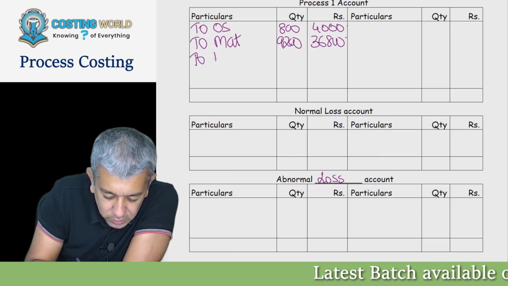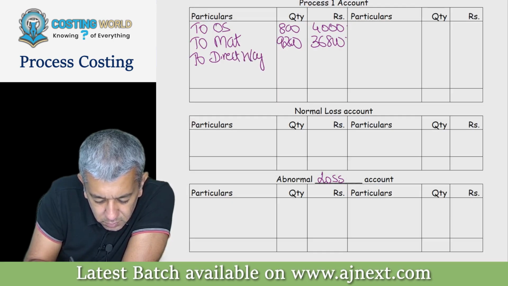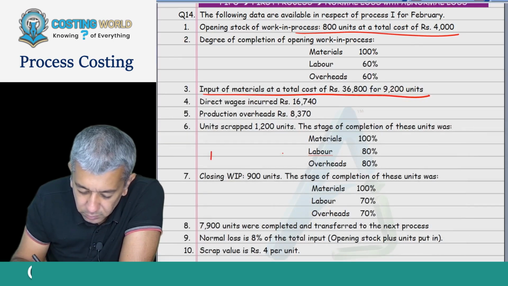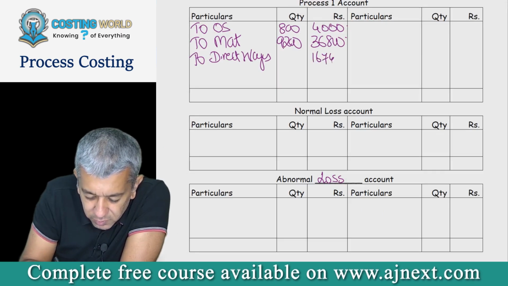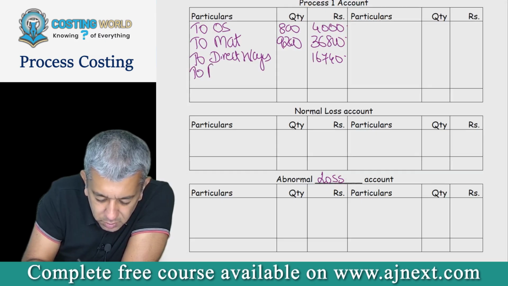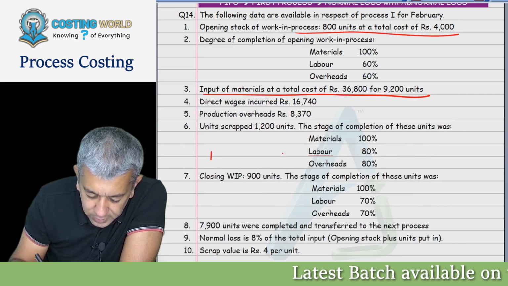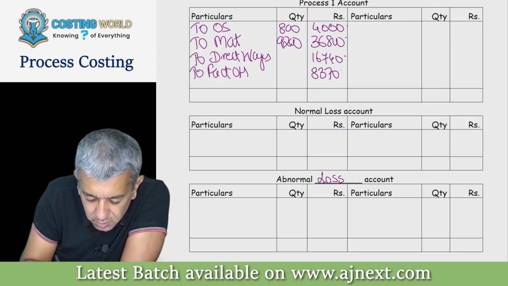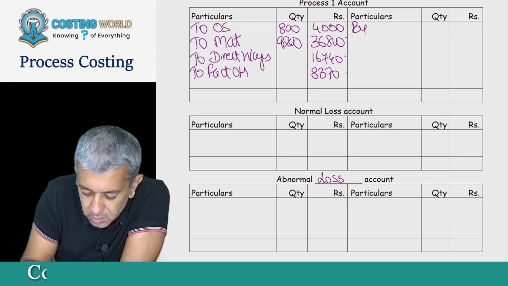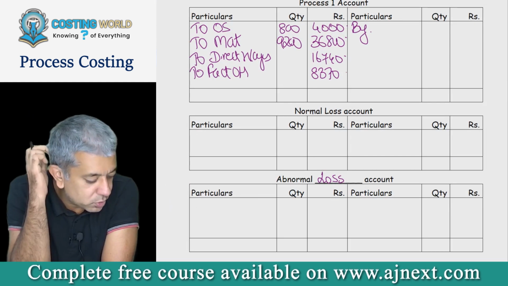To direct wages 16,740. To factory overheads 8,370. Now see, recall your first few questions.